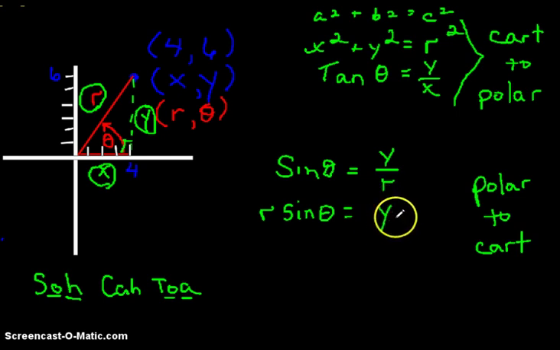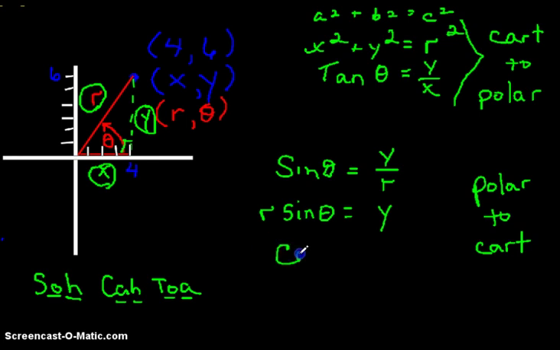But now we need to find another formula that involves just our x and our theta and our r. So the x again is the adjacent. We have theta, and then r is the hypotenuse. So you guessed it. Here's our adjacent, and here's our hypotenuse. So that's the cosine.